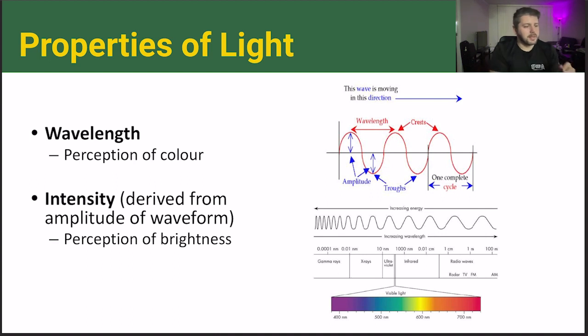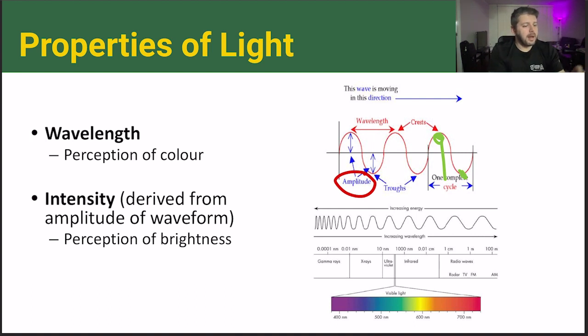So the properties of light, as I said, are wavelength, which also defines our perception of color, and also intensity. The intensity of a waveform is its amplitude, which we can see highlighted here. If we have the crest and the trough of a wave, then the distance between both is defined as the amplitude, and the rate over time in which we see one full cycle return through a crest and a trough defines one wavelength.